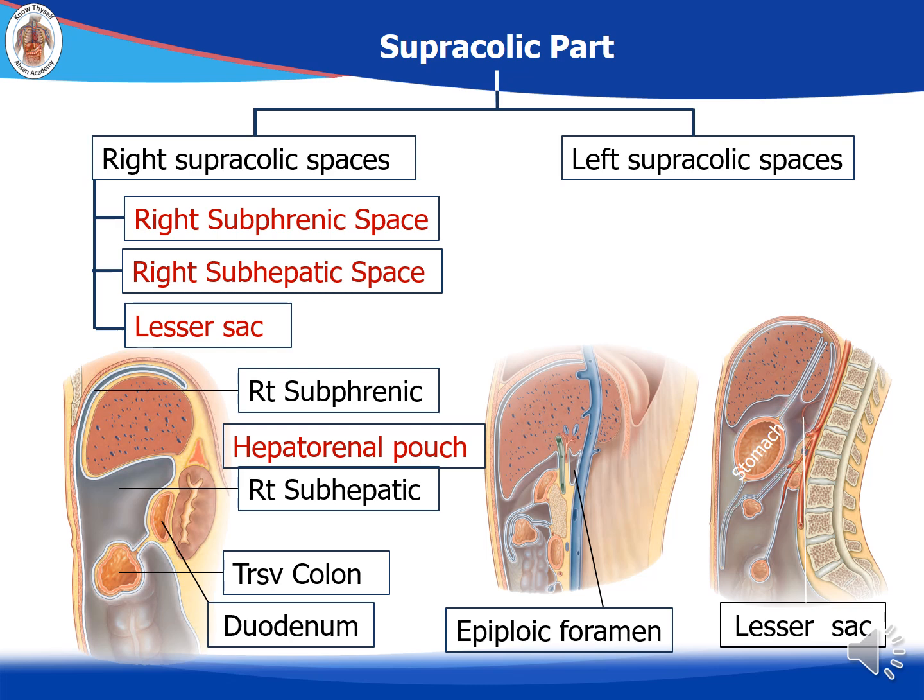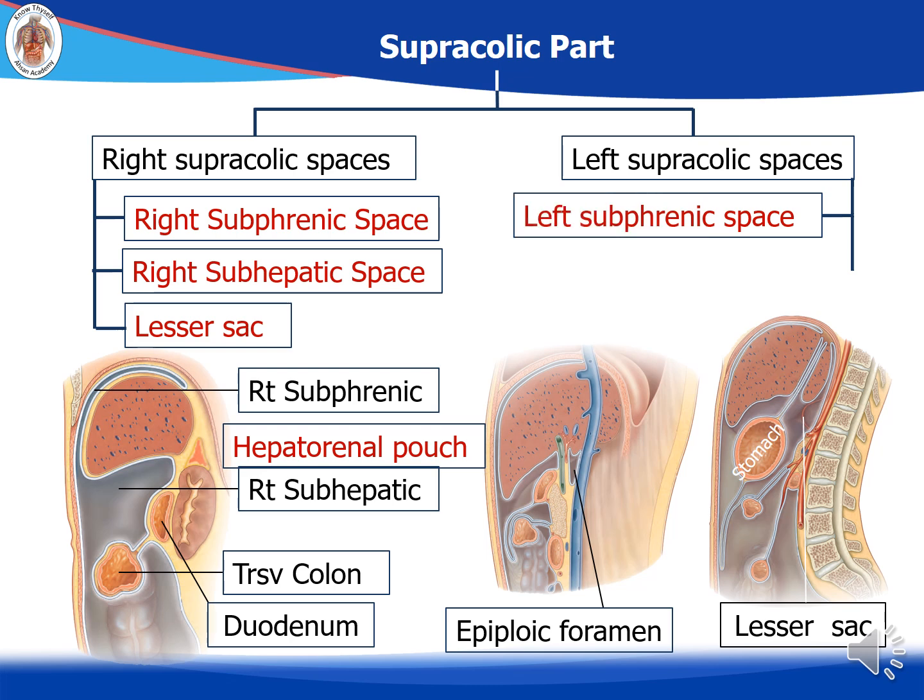Go up to the midline, then you will get the left side. The left side is again divided into the left subphrenic space and the left perihepatic space. This is not known as subhepatic. This is perihepatic because it is surrounding some part of the liver.